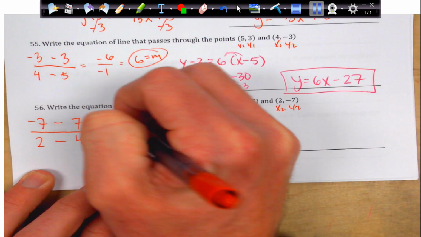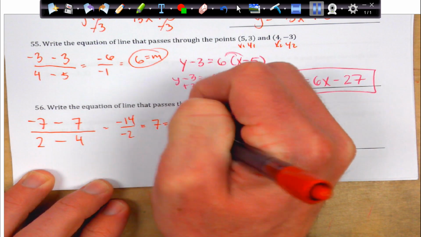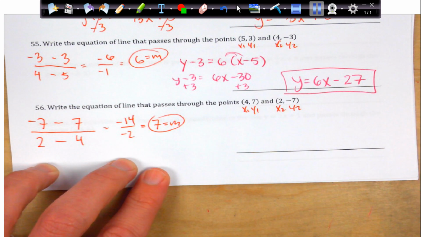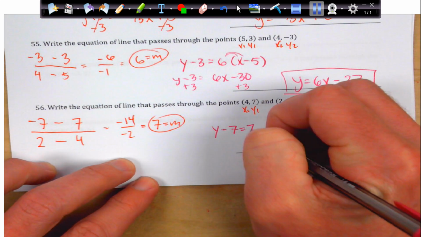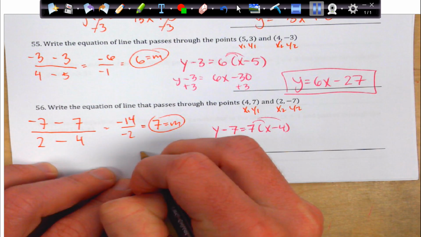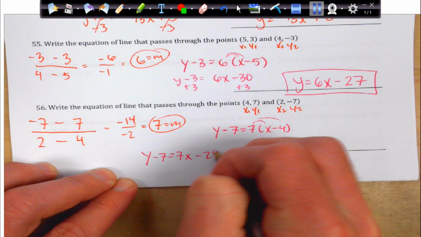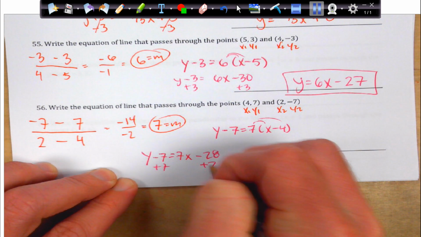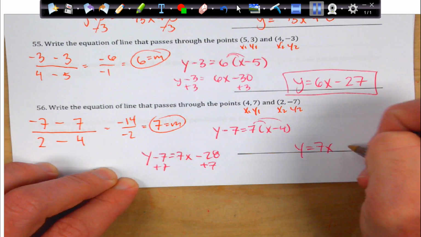So we get negative 14 over negative 2, which just gives me 7 as my slope. And then we plug it into the formula, so it's going to be y minus 7 equals 7 times x minus 4. Distribute, and I'm going to bring it over here, we have 7x minus 28, add the 7, and we should get y equals 7x, negative 28 plus 7 is a negative 21.